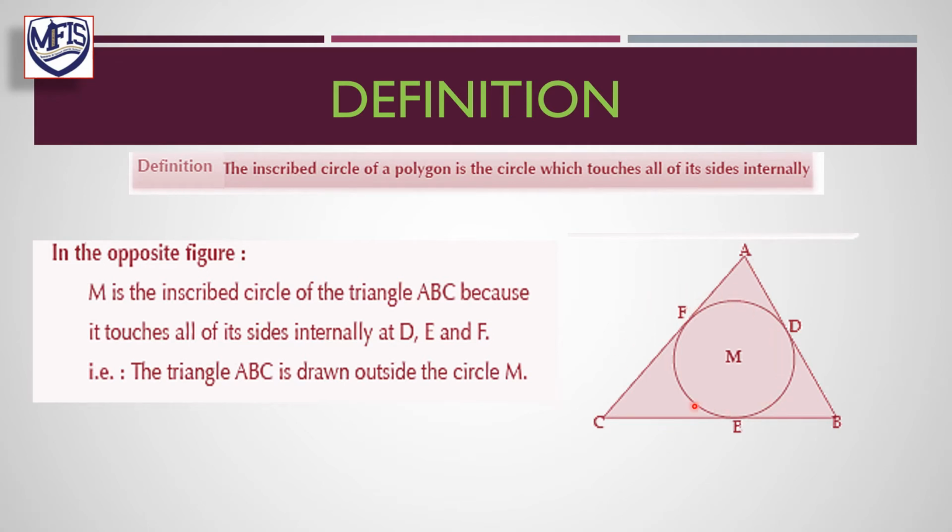In the opposite figure, M is the inscribed circle of triangle ABC because it touches all sides internally at point D, point E, and point F. That means the triangle ABC is drawn outside the circle M. So, inscribed circle means this circle touches all the sides of the polygon, and this polygon is drawn outside this circle.